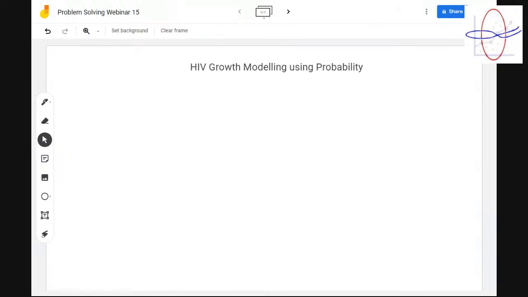The problem is this: let's say for the HIV virus, we are trying to understand the growth with respect to the infection state of a person. I will be defining the random variable over here so that you can understand it totally.